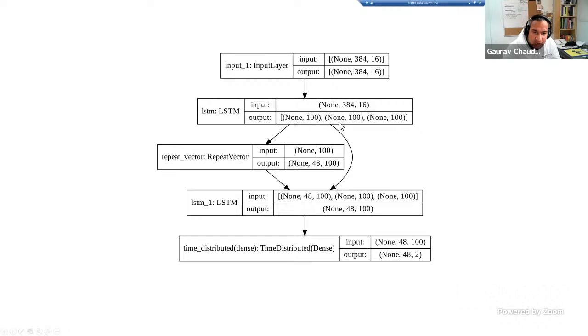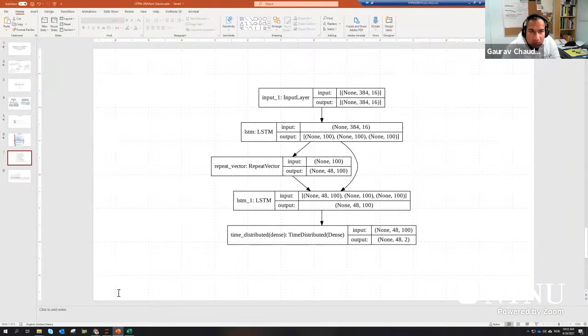One goes to the repeat layer, one goes to the decoder LSTM, and the decoder LSTM takes the repeat vector, which is the encoder vector, and also the inputs from encoder LSTM. Then decoder LSTM uses a time distributed dense layer to split the data into 48 by 2. So 48 is the future time steps, and 2 is the number of features, the number of outputs.